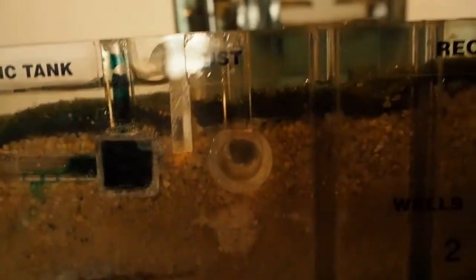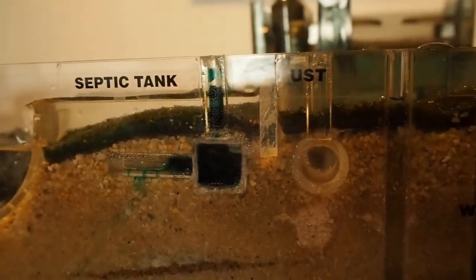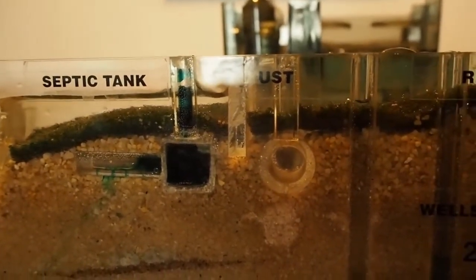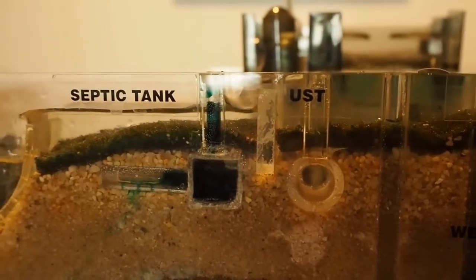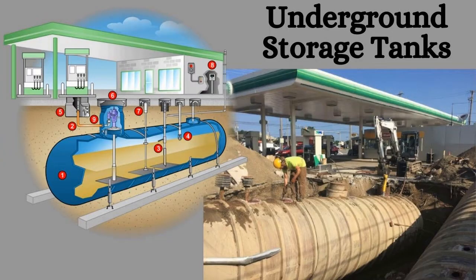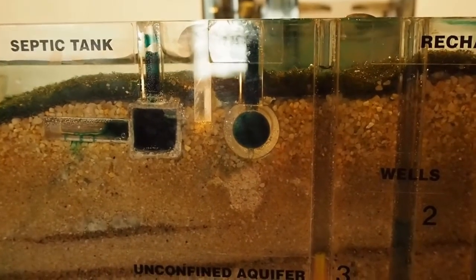Let's talk about underground storage tanks. In Michigan, there's quite a few. If you think about gas stations, you don't see the gas stored above ground. It's all stored below ground. And if those are leaky, that can lead to some pretty serious issues as well.